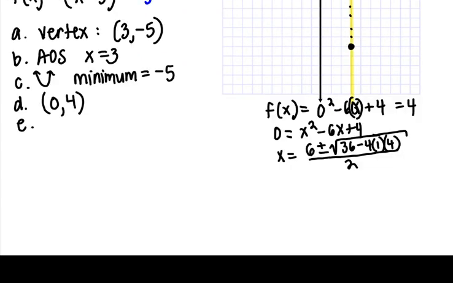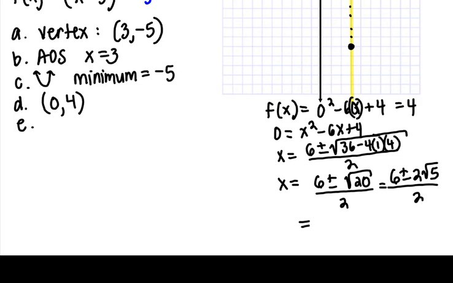We'll extend the page. X equals 6 plus or minus the square root of 20. 36 minus 16 is 20, all over 2, which is 6 plus or minus 2 times the square root of 5, all over 2. So our x-intercepts are 3 plus or minus the square root of 5.